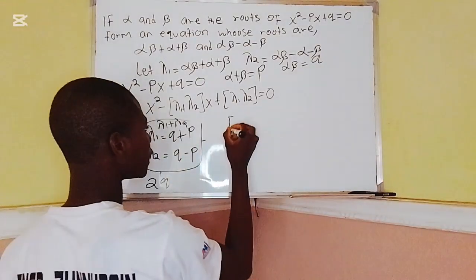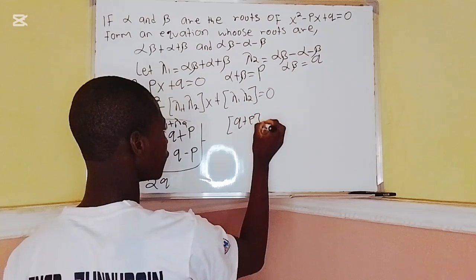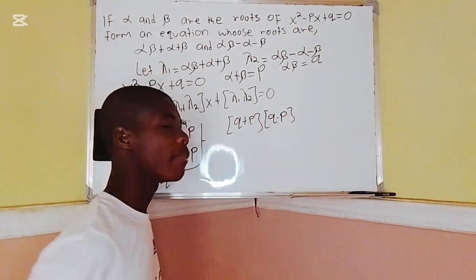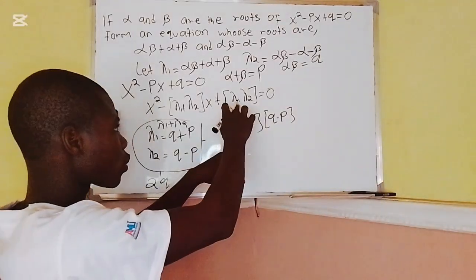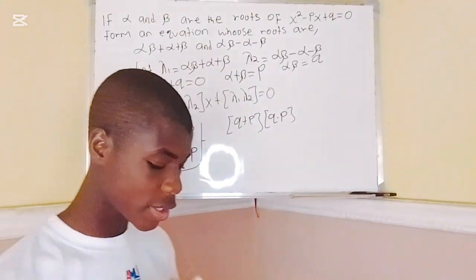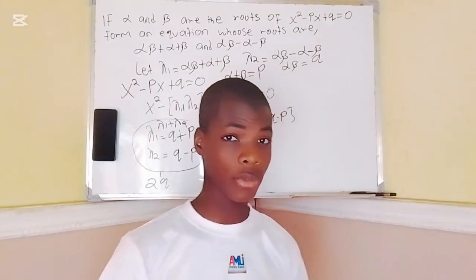So let me find the product. I have lambda 1, which is q plus p, and lambda 2, which is q minus p. I have to multiply them because lambda 1 multiplied by lambda 2 is the product of the roots.